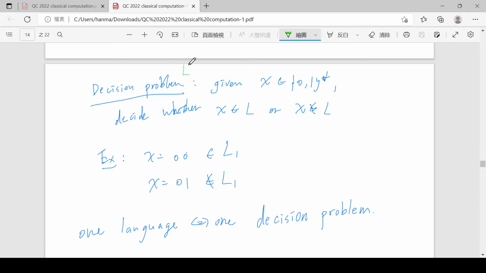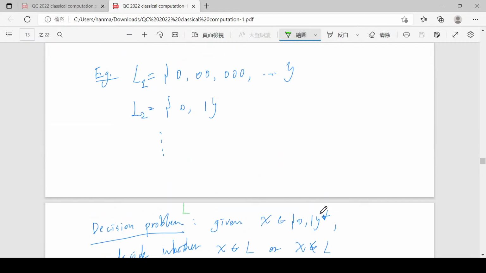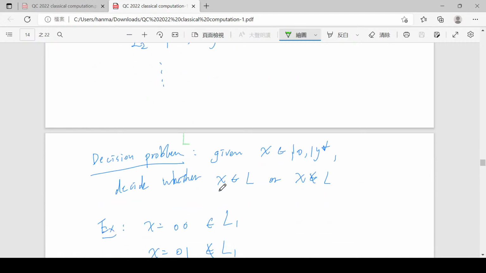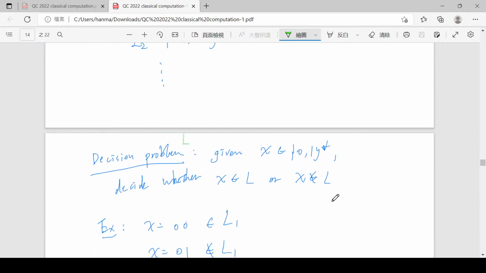That is, given language L, we can define this decision problem that works on any input size. That is, you give X, your input, that's some bit string of arbitrary length. Then you want to decide whether your input is in your language, like this, or not in your language.